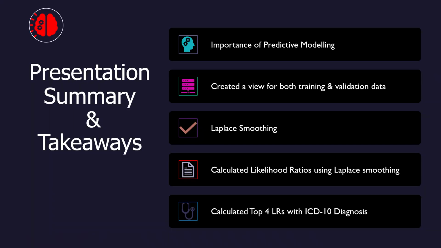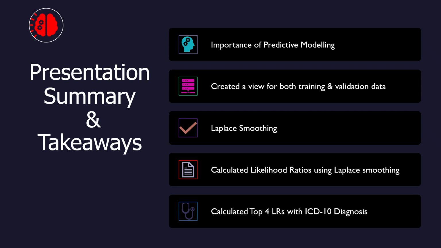To recap, in this presentation we talked about the importance of predictive modeling in healthcare briefly. We were also able to create the view function in our DBO database for the training data and the validation data set.